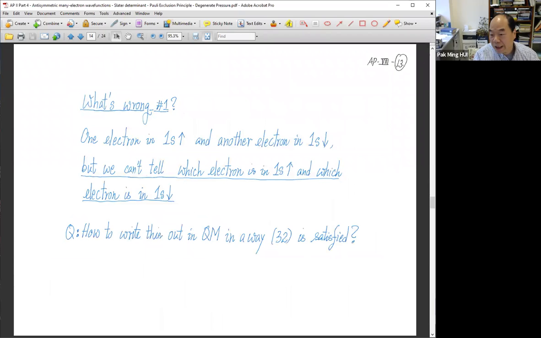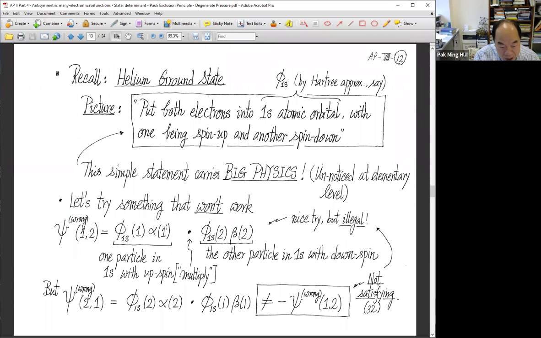So I already stated the problem. What's wrong? In fact, because they are indistinguishable, we only know one is up, one is down, but we don't know which is which. But in this way, we are specifying a particular one to be up, the other one to be down, okay?